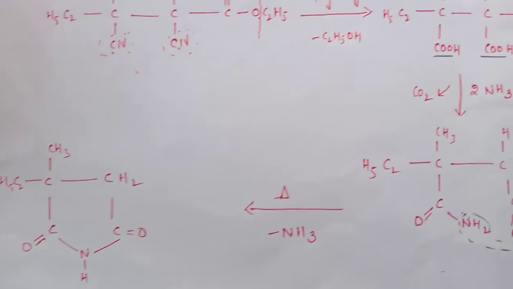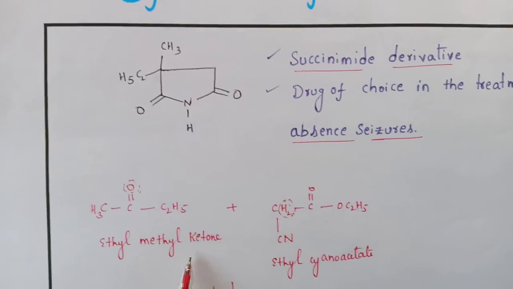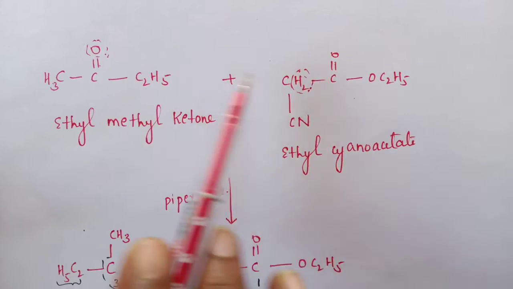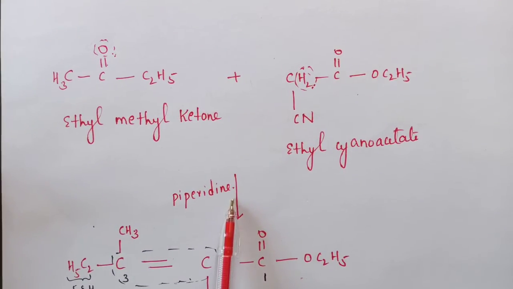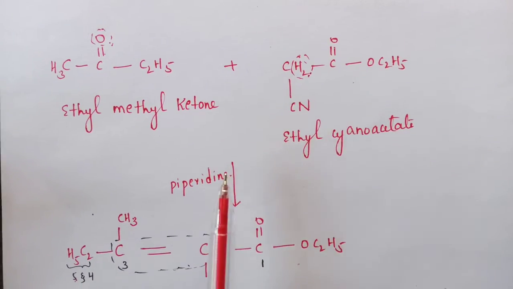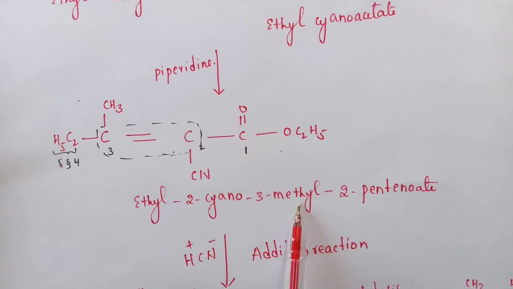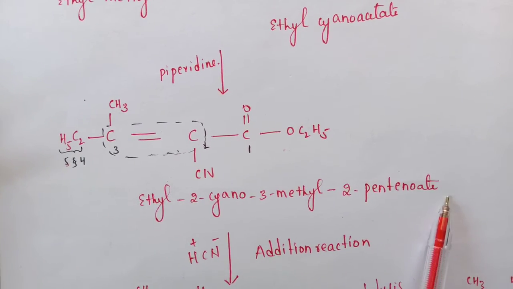Let me repeat the synthesis. The first step is ethyl methyl ketone reacting with ethyl cyanoacetate. There is a loss of water in the presence of piperidine. It is a type of Knoevenagel condensation, and finally it gives ethyl 2-cyano-3-methyl-2-pentenoate.